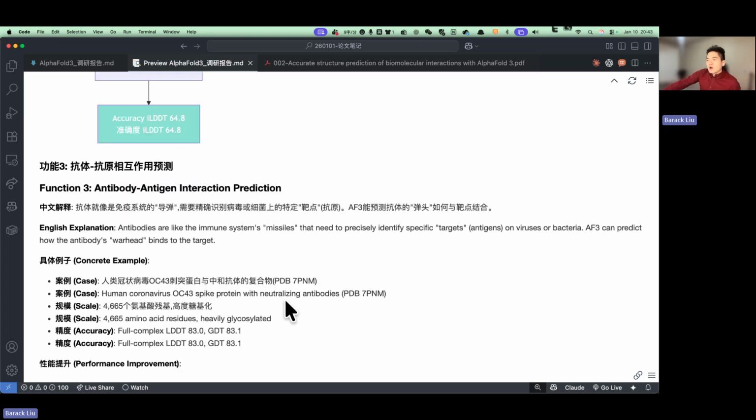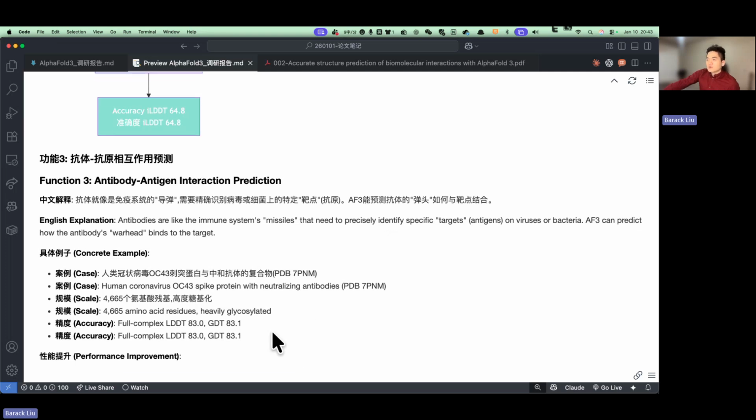Example: human coronavirus OC43 spike protein with neutralizing antibodies. Scale: 4665 amino acid residues, heavily glycosylated.